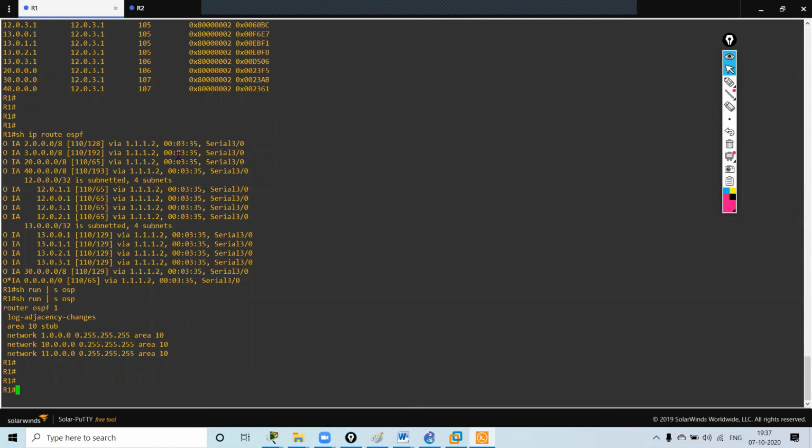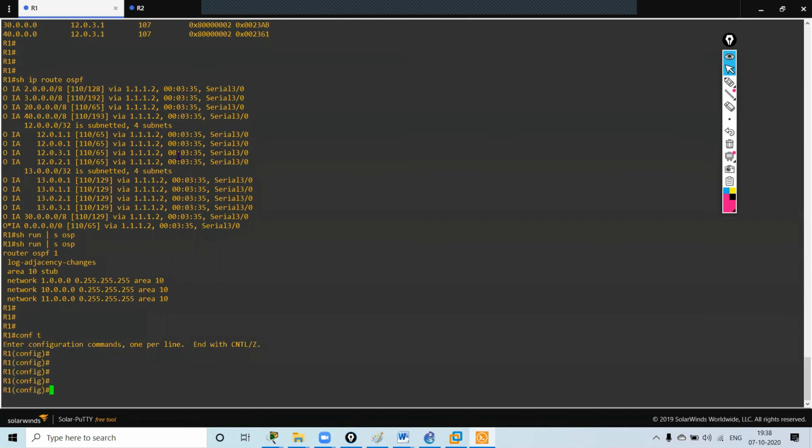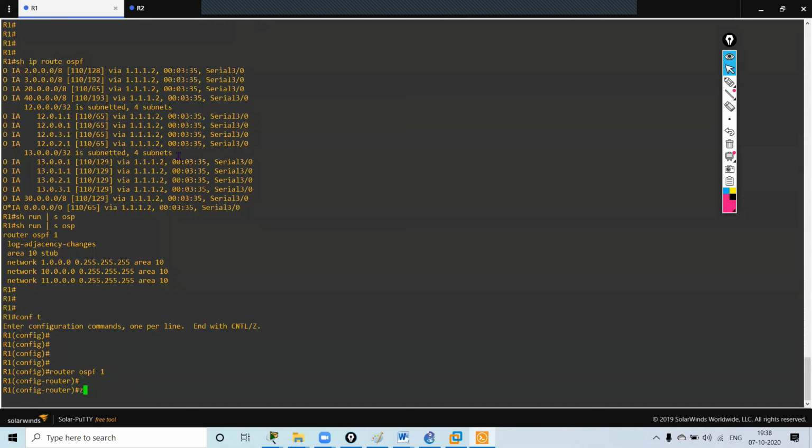Both the summary LSAs and the LSA 5. Then I will configure the area as totally stub. Okay. So in order to ensure that no external routes and O IA routes should enter into area 10, we need to configure area 10 as totally stub area. Okay. So first I'll remove the configuration, whatever I have done over here, the stub configuration.